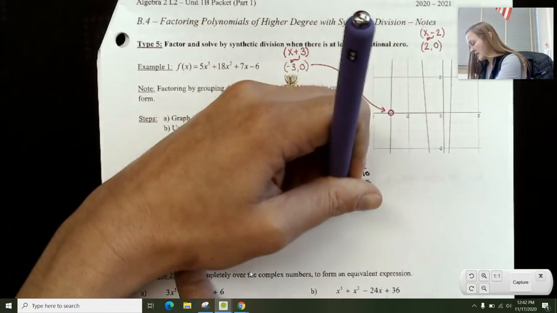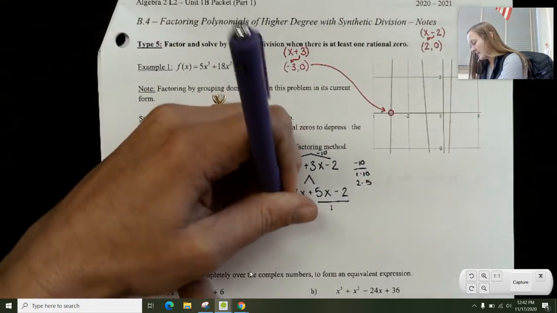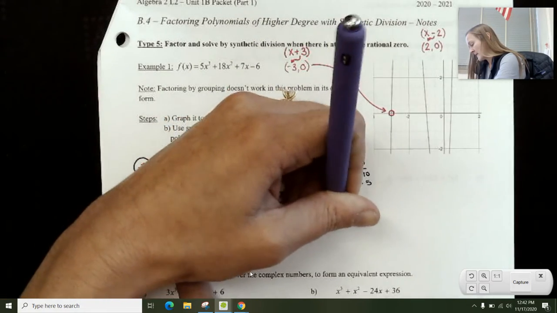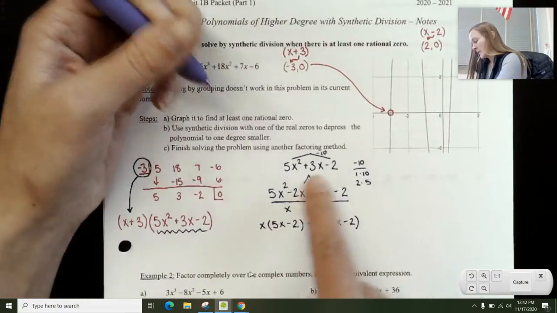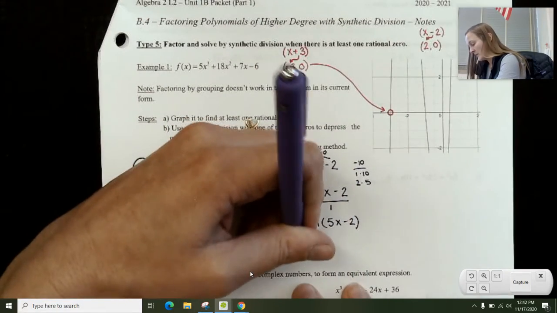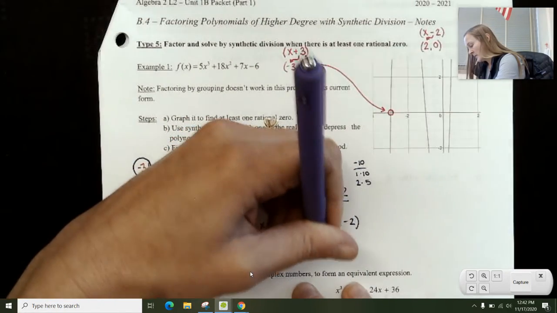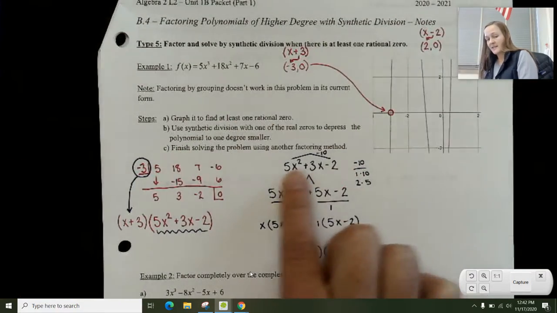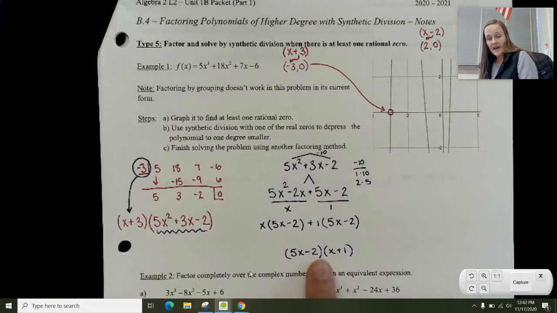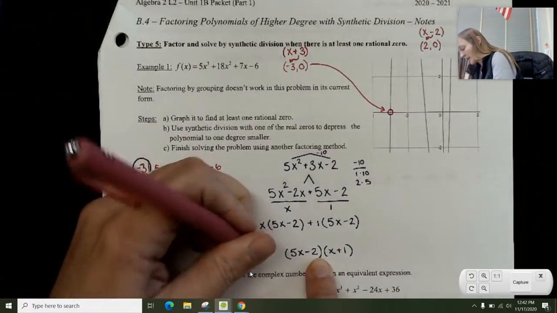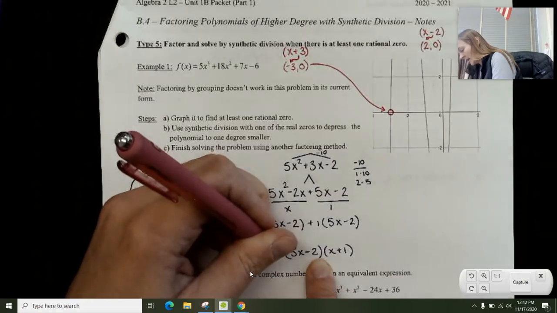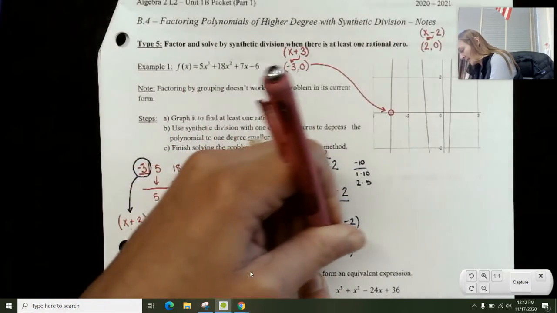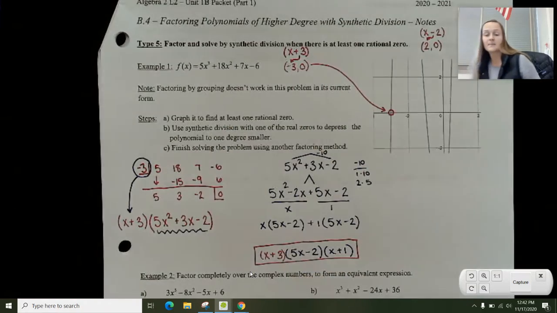Out of the back 2, I can just take out 1. So I have x times 5x minus 2 plus 1 times 5x minus 2. And so this here factors into 5x minus 2 times x plus 1. But that's just this part. And I now need to incorporate the x plus 3 again. So my fully factored version is x plus 3 times 5x minus 2 times x plus 1.